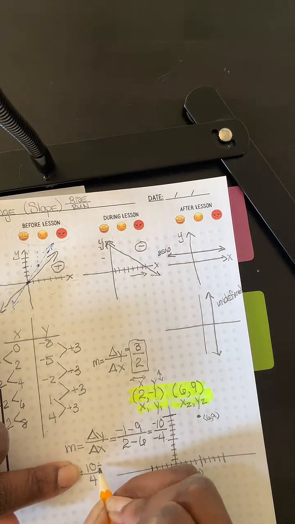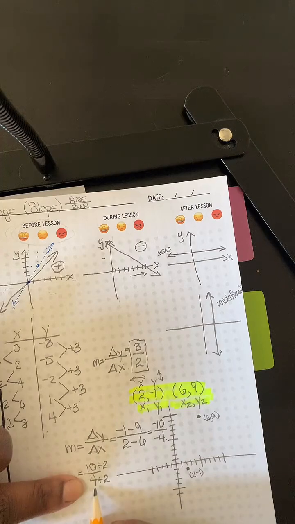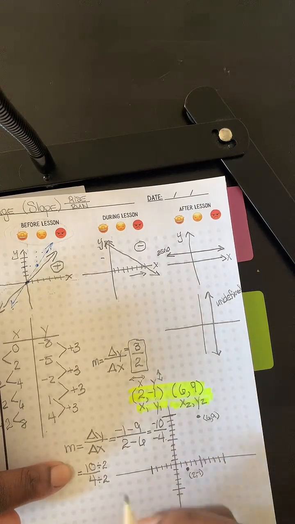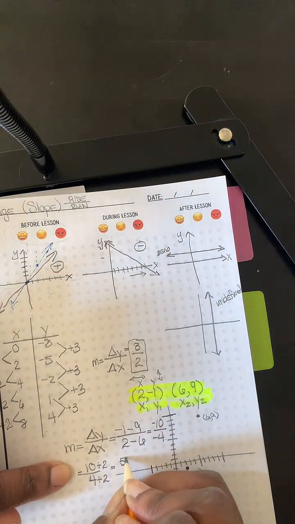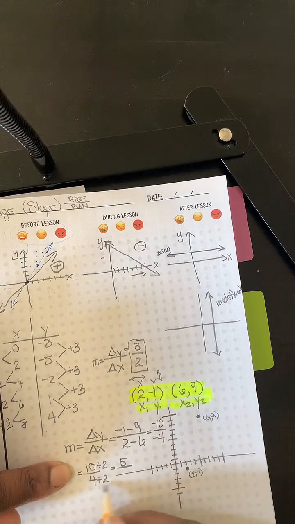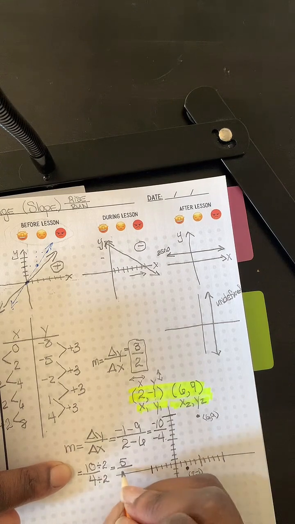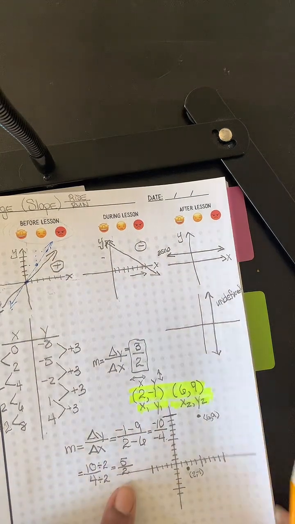So why not try to divide both the numerator and the denominator, which is the bottom one, by that 2. 10 divided by 2 gives me 5, and 4 divided by 2 gives me 2. So my slope is 5 halves, and it's positive.